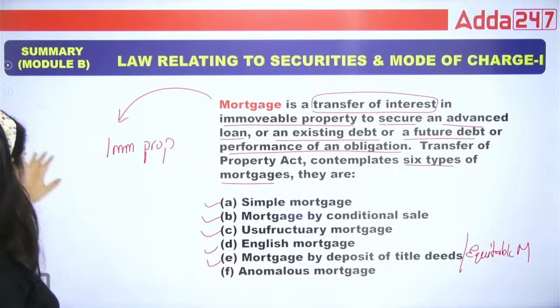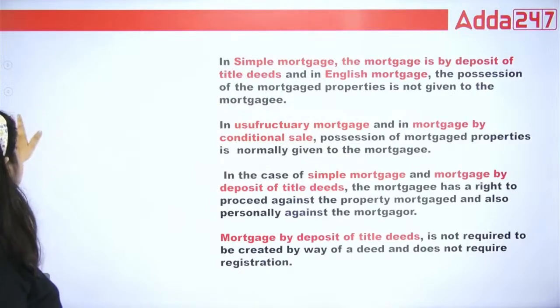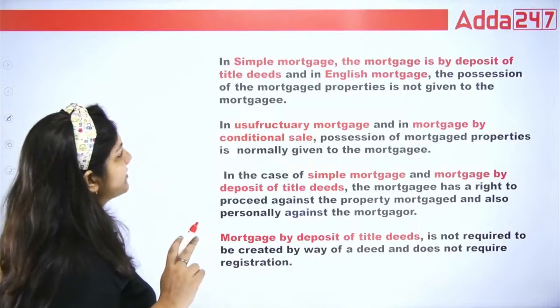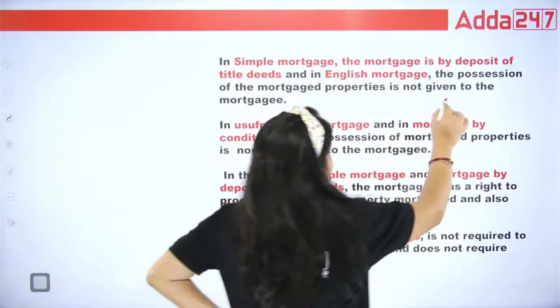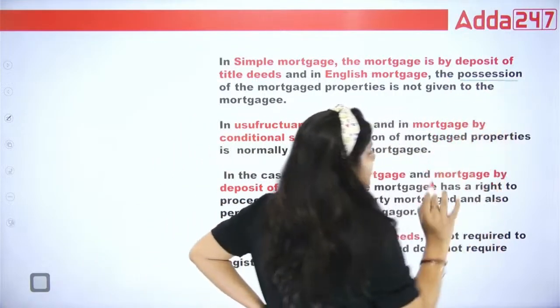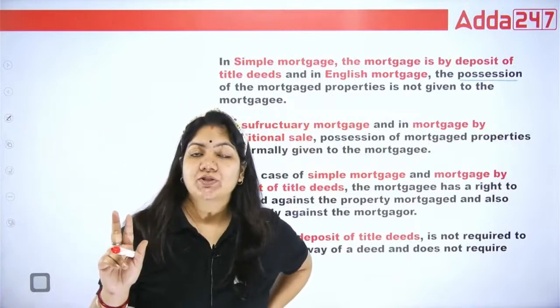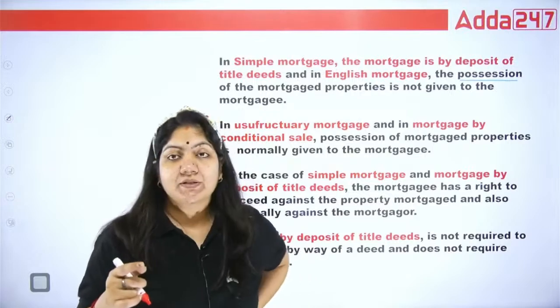So now let's understand each type of mortgage in this part. Okay, see, in the simple mortgage, mortgage by deposit of title deed, and the English mortgage, the possession... What is possession? Possession means the custody. There's a difference between possession and ownership. Ownership is an absolute right, but possession is not an absolute right.